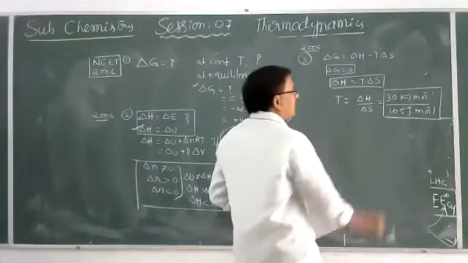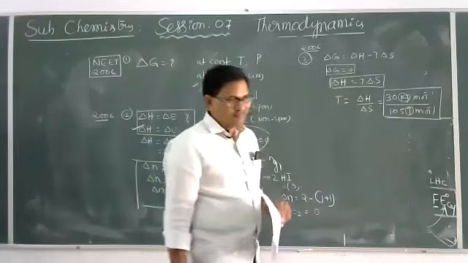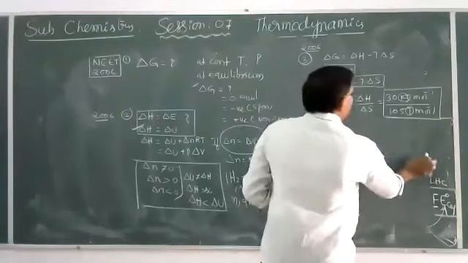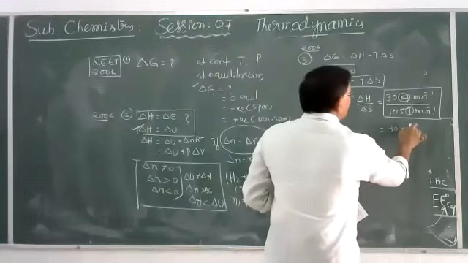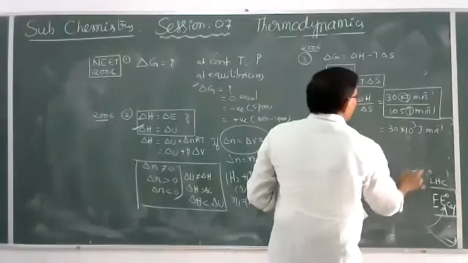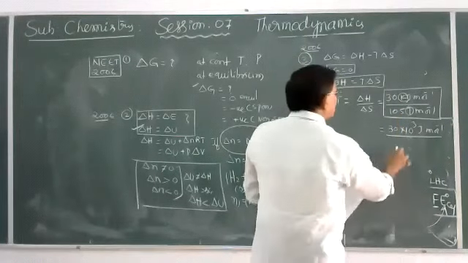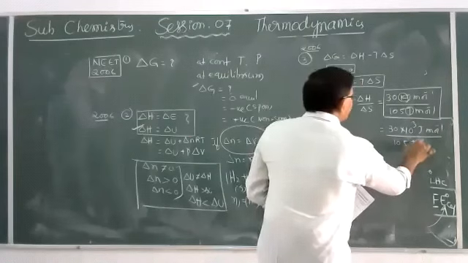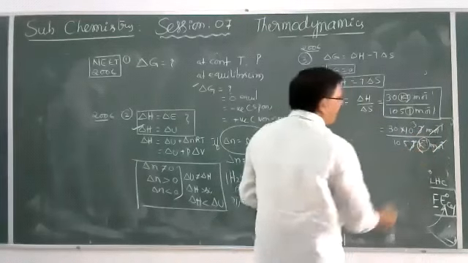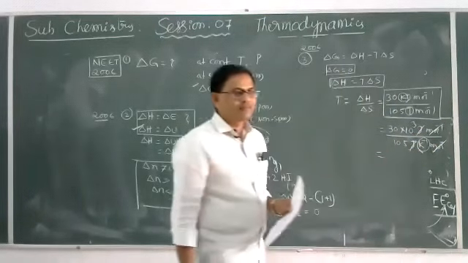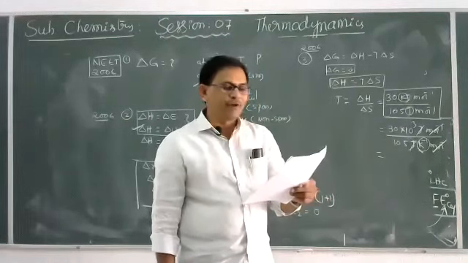Delta H is in kilojoules, but delta S is only in joules, so it is compulsory to convert to the same unit. That is 30 into 10 cube joules per mole, and the entropy given is 105 joules per Kelvin per mole. Mole cancels, joule cancels, and we get Kelvin. The answer is 30,000 divided by 105, which is nearly 285.7.